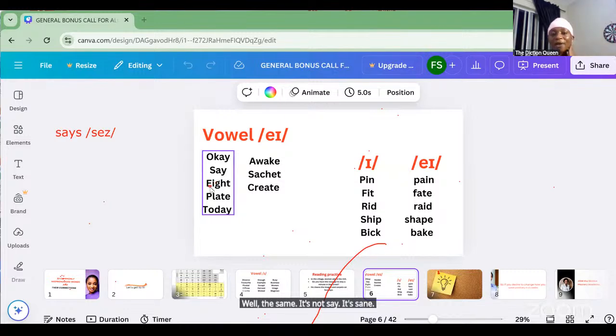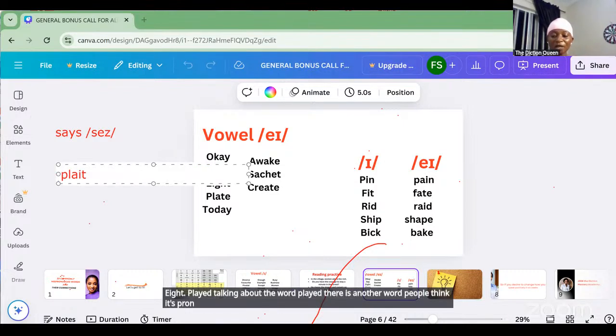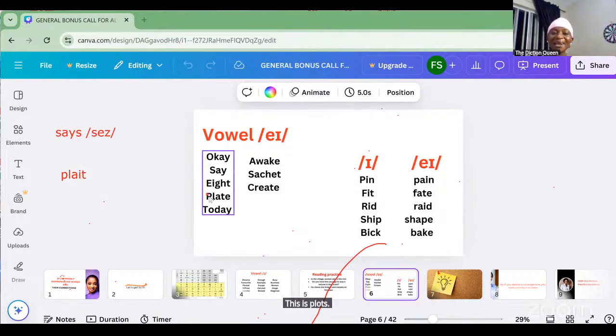We also have aid, plate. Talking about the word plate, there is another word people think it's pronounced the same way. This word is plat. This is plat. This is plate. They are not pronounced the same way.